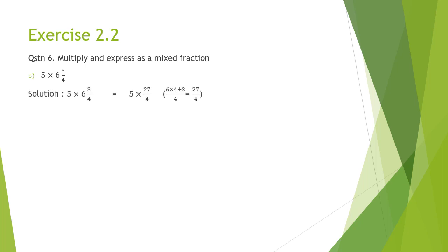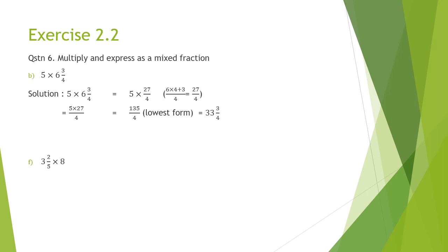So this will give 5 multiplied by 27 upon 4, that gives 135 upon 4. That is 5 into 27 whole divided by 4 gives 135 upon 4. It is in the lowest form itself and it is an improper fraction. So we have to convert it into a mixed fraction and it gives 33 integer 3 upon 4.